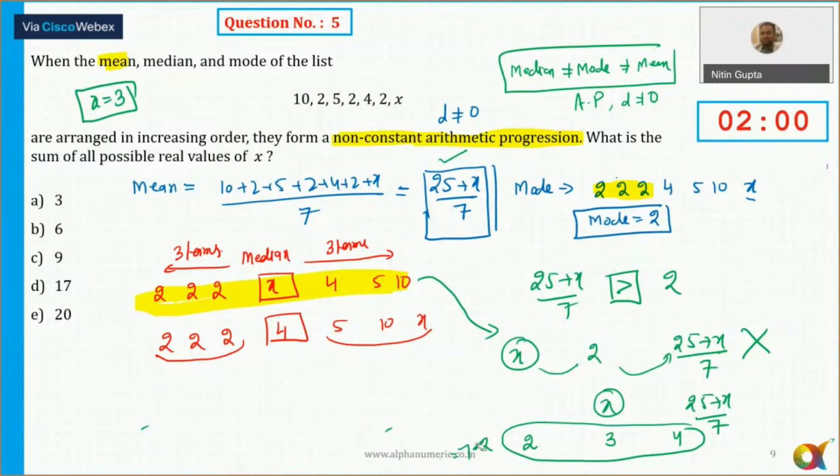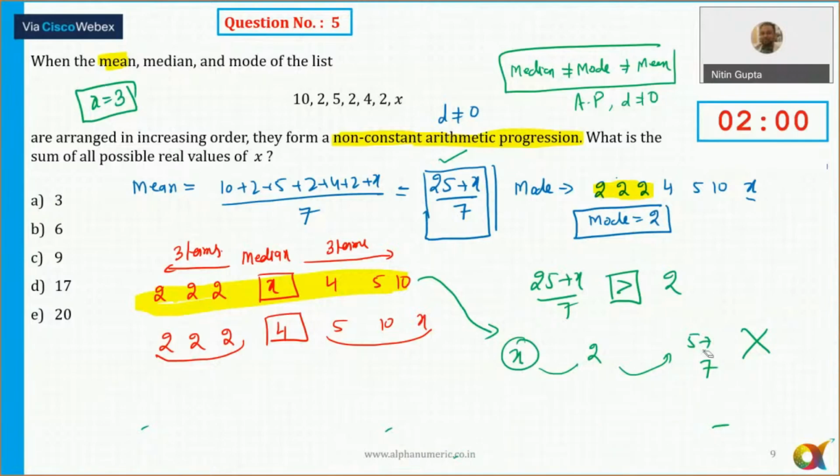In the second case, x can be 4.1, it can be greater than 5, it can be between 5 to 10, or it can be greater than 10. Anything is a possibility. So let's try to find out here.